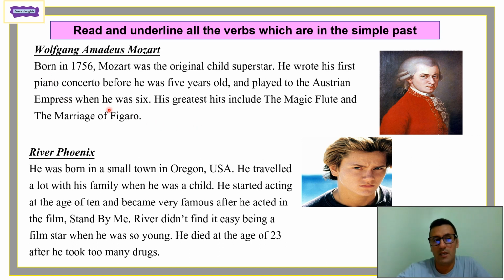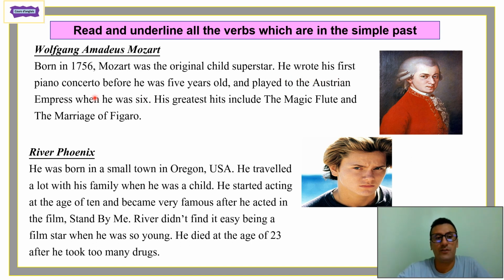Je relis. Born in 1756, Mozart was, simple past, le verbe c'est to be, was the original child superstar. He wrote, le verbe c'est to write. Donc, simple past c'est wrote.